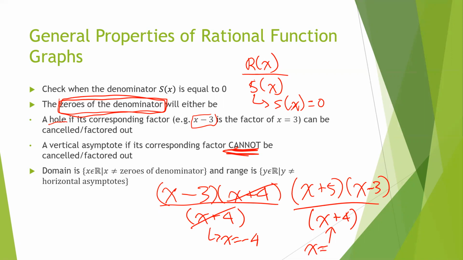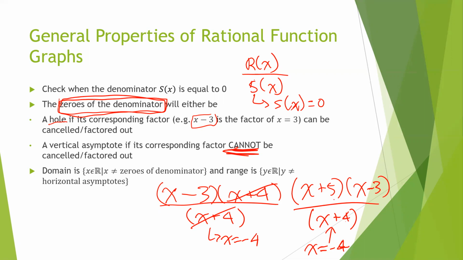So x equal to -4 is a point where it doesn't exist. But I notice that it's a vertical asymptote now. And why is it a vertical asymptote? Because nothing actually cancels out here, right? This x plus 4 doesn't cancel out with any of these factors here.